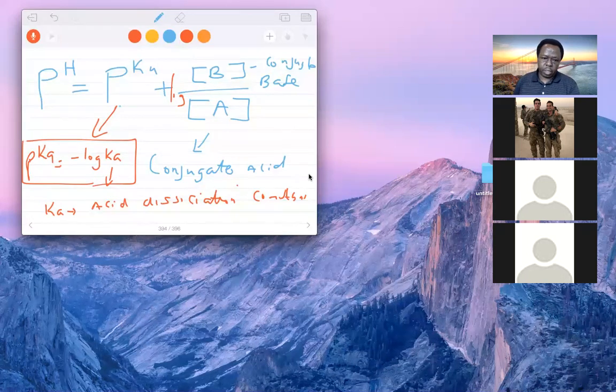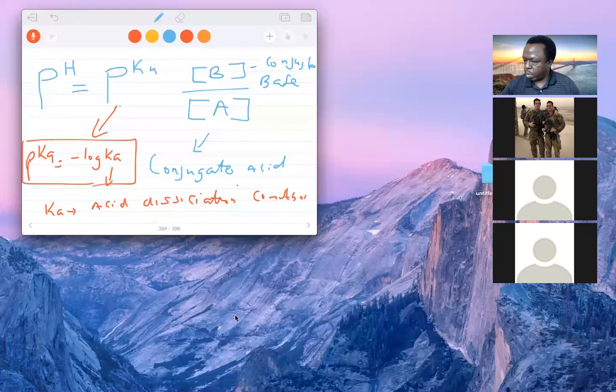Yes, you're right, Cynthia. You take the log of either the number of moles or the concentration. Make sure you have the right equation. Here is the log, not just the concentration.